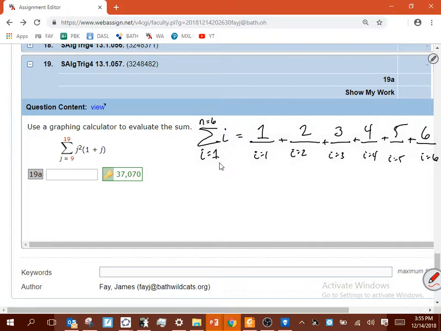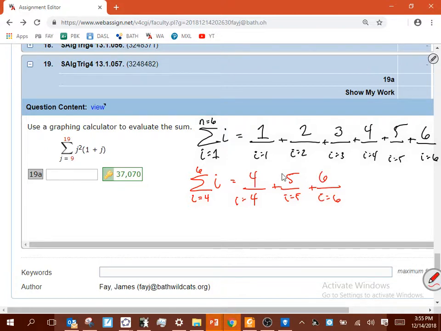Okay, so how do I do this if my goal is to just find i equaling 4 to 6 of just i? Well, that means the 4th term, so that's when i is 4, plus when i is 5, plus when i is 6. So that'd be 4 plus 5 plus 6.